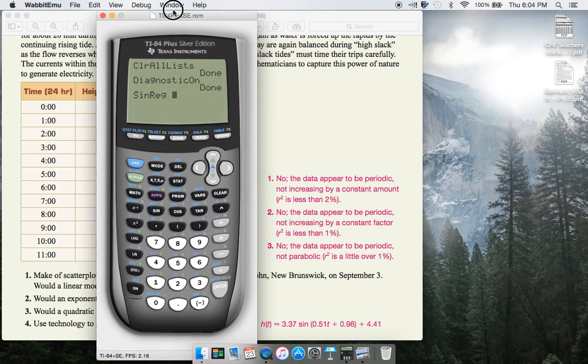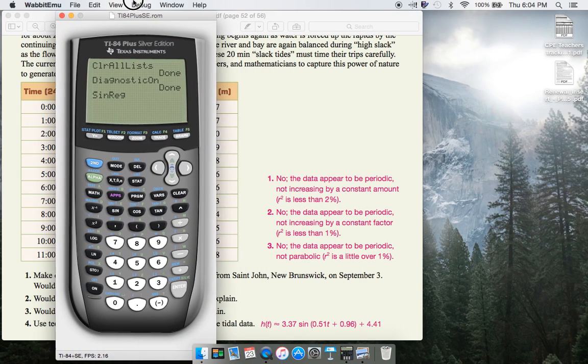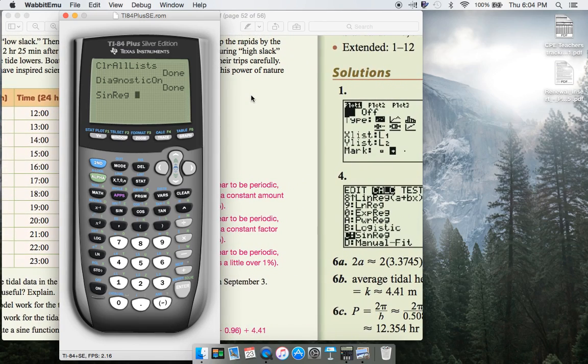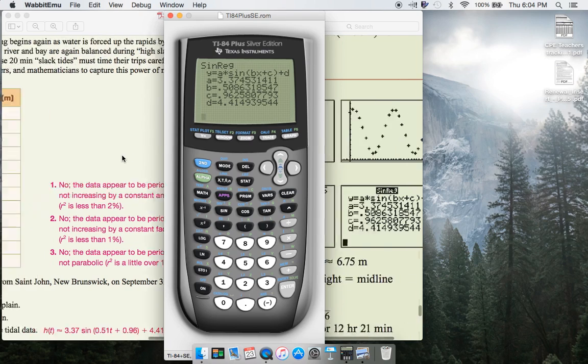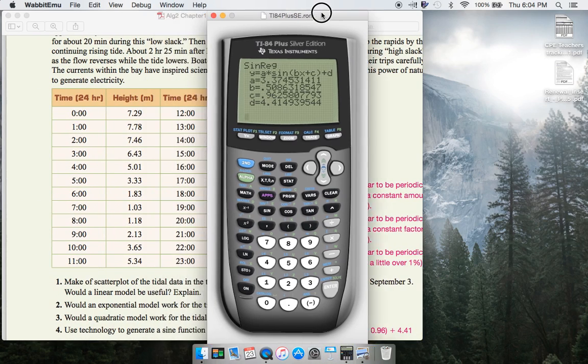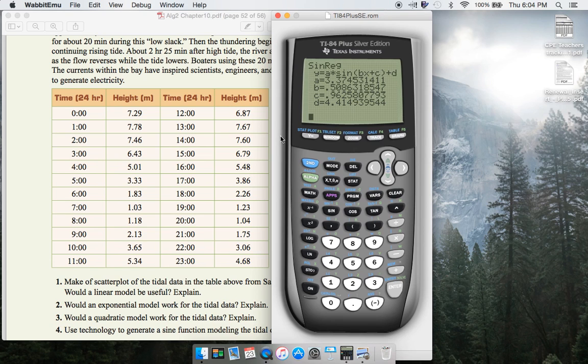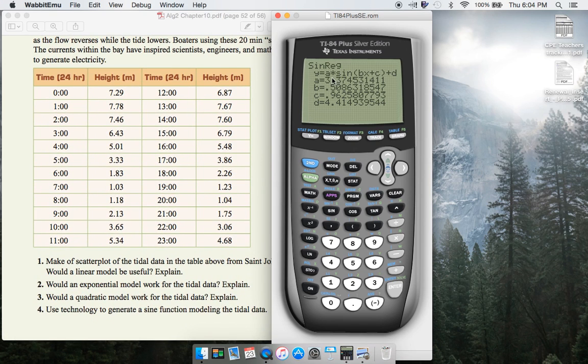Let me scroll over here, and when we press enter, there we go. Perfect. What it did was it took my data from the lists and used the data from my list to create my sine regression.